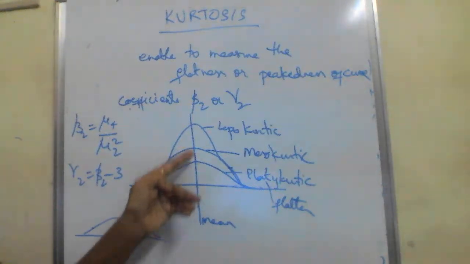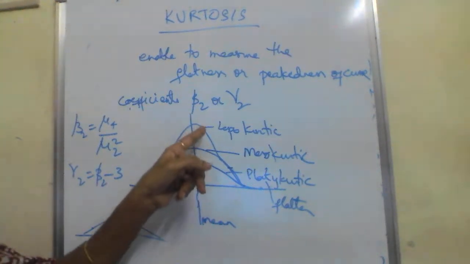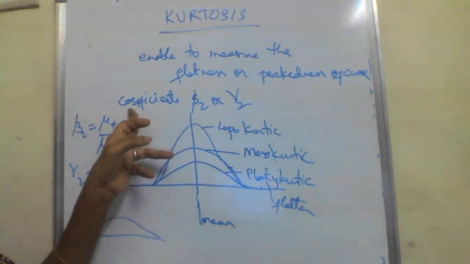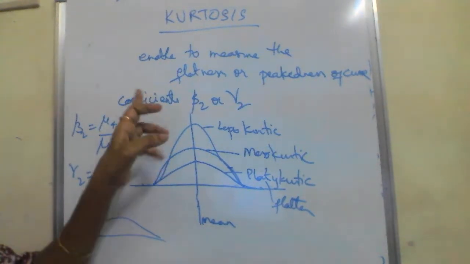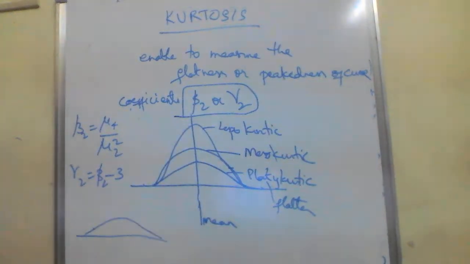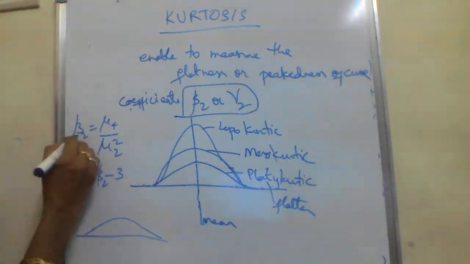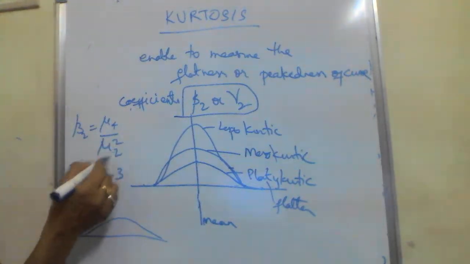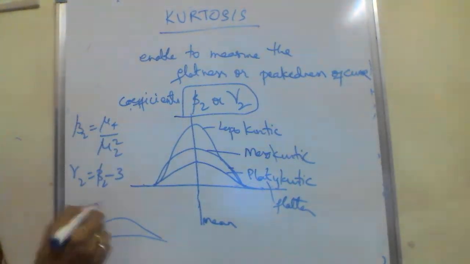We have drawn all three types of curves here, and to measure the kurtosis we make use of two coefficients, beta 2 and gamma 2. Beta 2 is mu 4 by mu 2 square and gamma 2 is beta 2 minus 3.